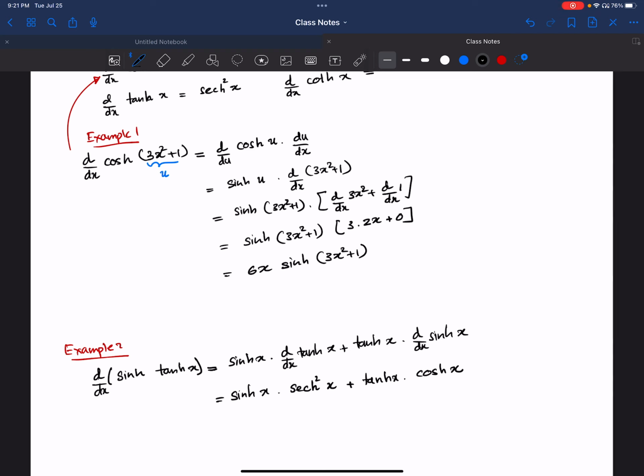You can take this as sinh x times 1 over hyperbolic secant x, we'll keep it here and then move 1 over cosh x there, plus tanh x times cosh x.